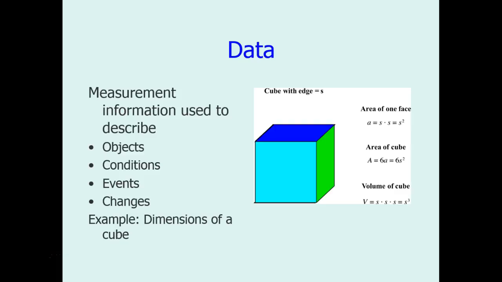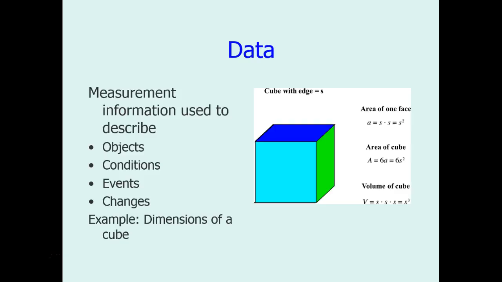So the area of the whole cube would be 6S squared, because S squared was one side and you've got 6 sides. What's the volume of the cube? Volume is S times S times S, which is S cubed. That's just an example.